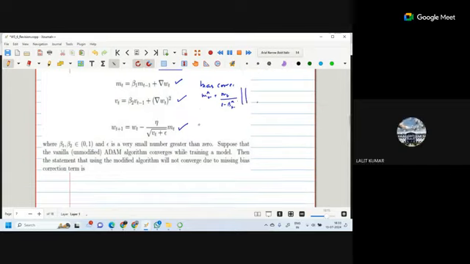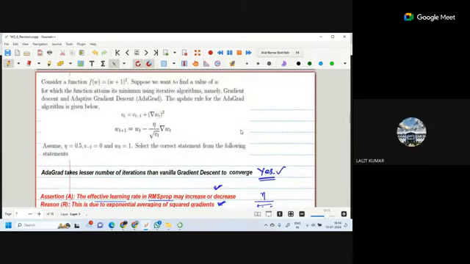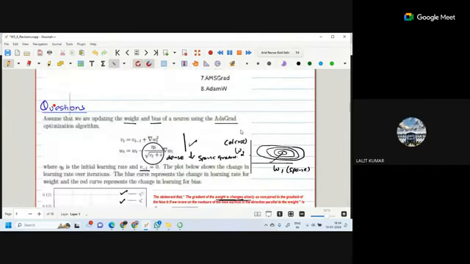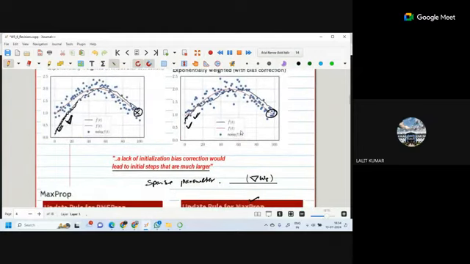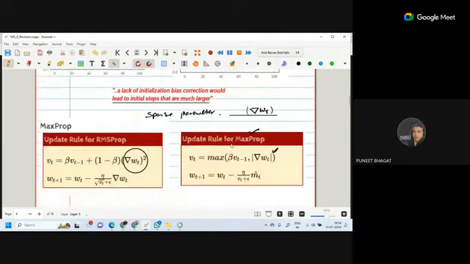They are asking whether the statement that using the modified algorithm will not converge due to missing bias correction term is true or false. It will still converge. We only do the bias correction so that your initial updates start from here. But still, your convergence will take place in both the cases.